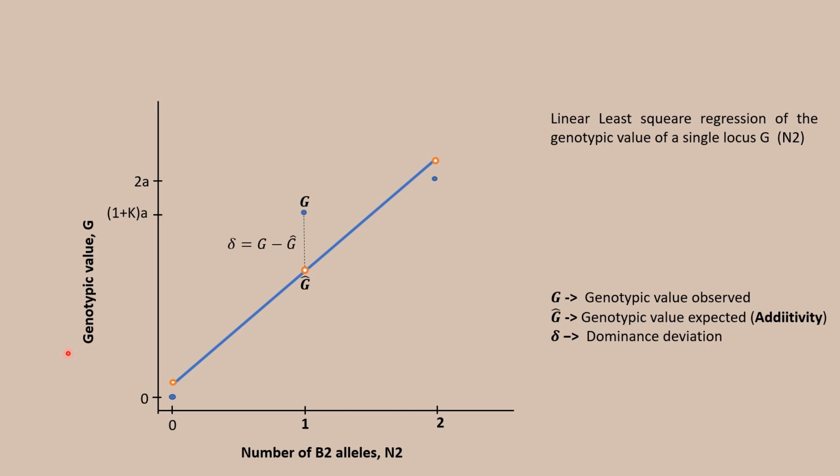The points on the line are the expected values from the model. If we focus our attention on the heterozygotes, we can observe that the expected value allows us to quantify the deviation with respect to additivity, and the difference between the expected and the observed values represents the dominance deviation.